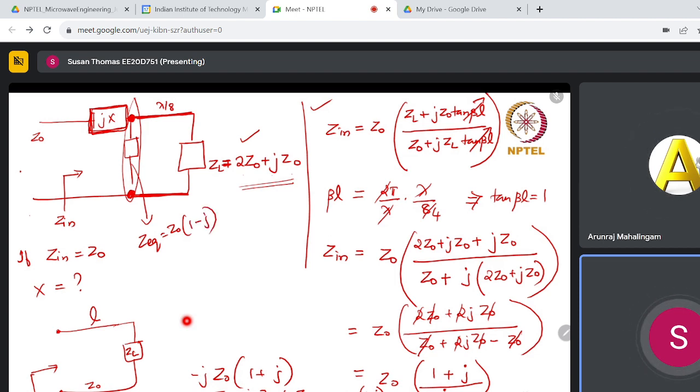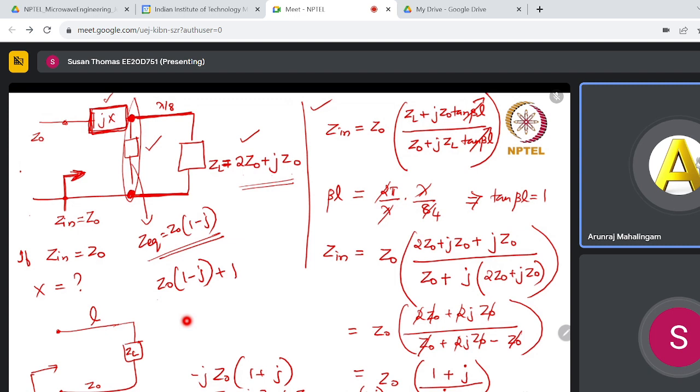Now when we look at this terminal, this impedance is in series with the JX, and finally the value of Zin is Z0. To get that, two impedances in series, you add them: Z0 into 1 minus J plus JX.